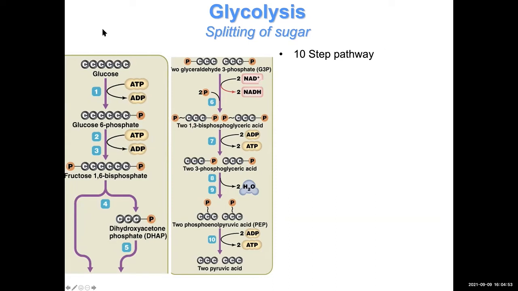So let's take a closer look at this pathway. As I mentioned, we begin with glucose. Glucose is going to be our most energy-rich sugar. We begin by utilizing a couple of ATP at various different steps. At one point, we actually split the 6-carbon sugar into 2 3-carbon molecules.